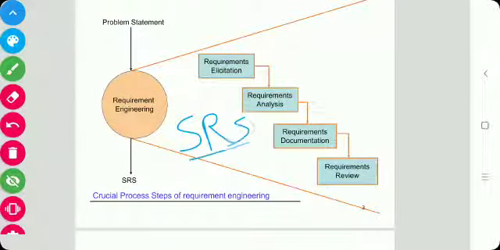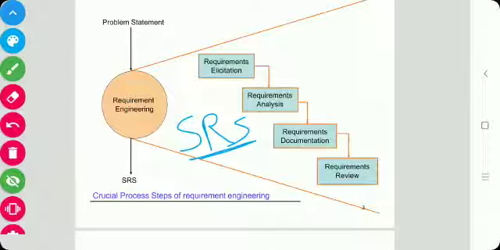If this SRS describes both hardware and software, then it is called the system requirement specification. If it only describes the software, then it is a software requirement specification. Your software requirement specification SRS should be internally consistent with existing documents.